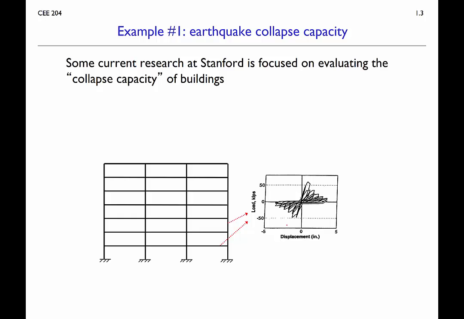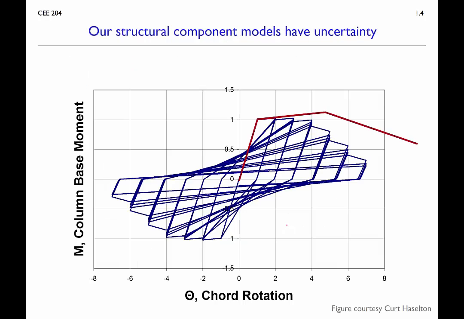But the behavior of those beams and columns under loading has some uncertainty associated with it. So to elaborate, here's a diagram of that behavior of a component blown up a little bit more, now with slightly different units. The horizontal axis is the rotation of one of these elements as it's bent, and the vertical axis is the moment at the base for a column element. So as you increase the moment, how much does that element rotate?